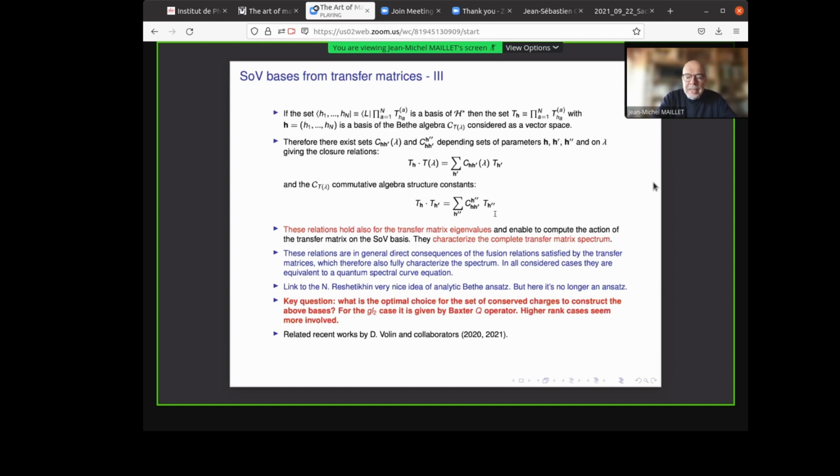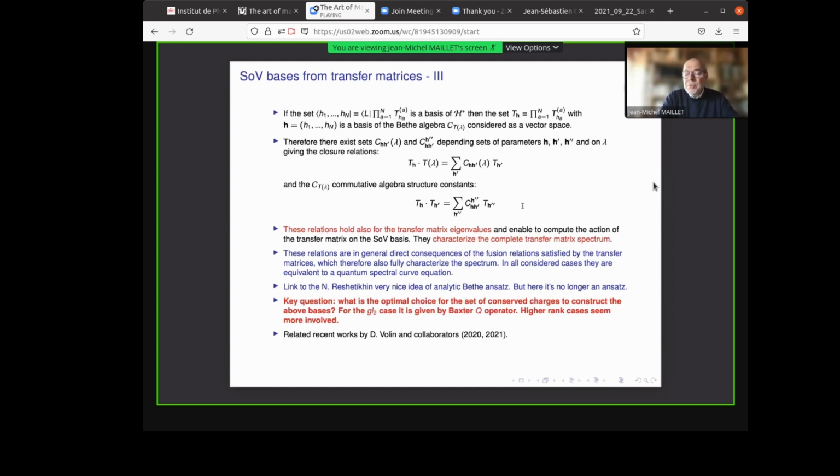I would like to say that there is a very nice link to Kulish-Reshetikhin's idea of analytic Bethe ansatz, because such relations, T_h T(λ) or T_h T_{h'}, are valid at the operator level, and they are valid for the eigenvalues.